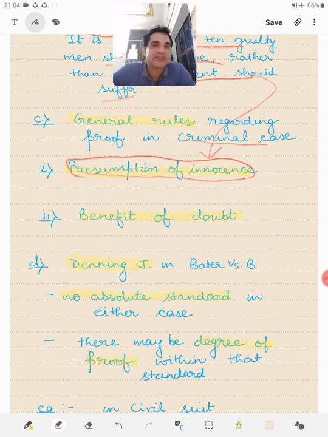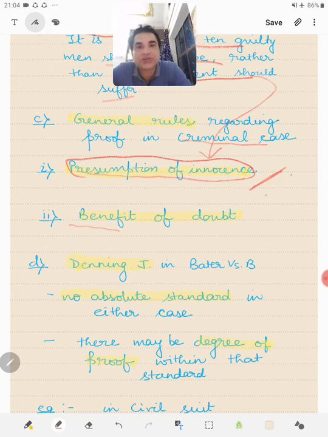And what is that? First thing is the presumption of innocence. When an accused is brought before the court, the presumption is not that he is guilty, the presumption is that he is innocent. And this presumption continues till it is proved beyond reasonable doubt that he has committed the crime.